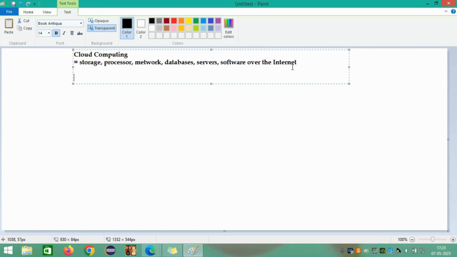So there are three tech giants which provide these services to the end users or the enterprises or organizations. The first one is Amazon AWS, Microsoft Azure, and the third one is Google Cloud.